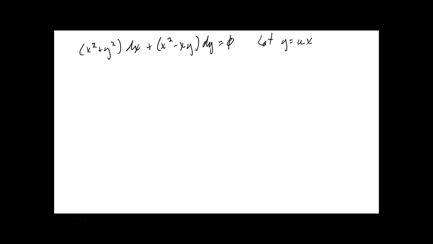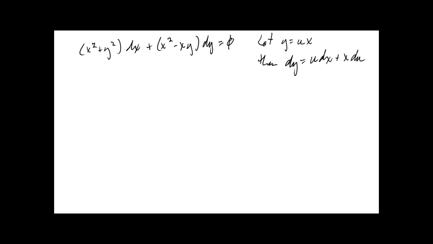They use this. Let that be your substitution. Then dy is equal to u dx plus x du. Good, straightforward. Just a simple product rule derivative.